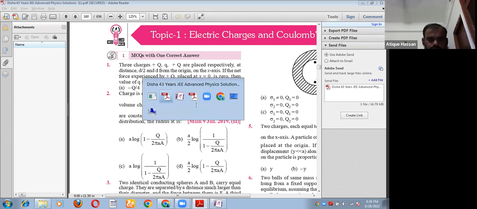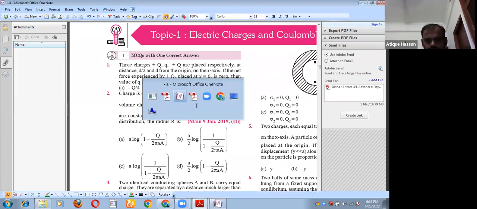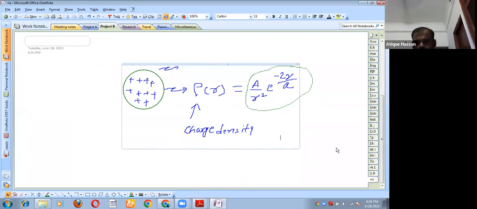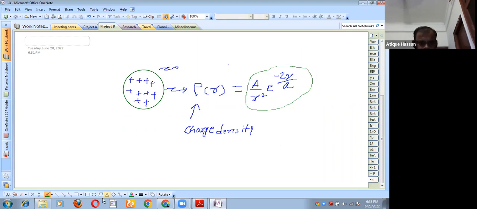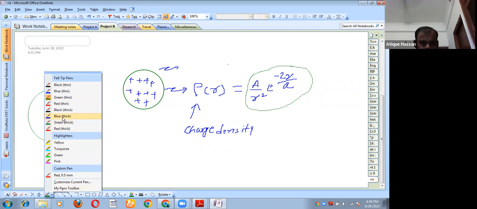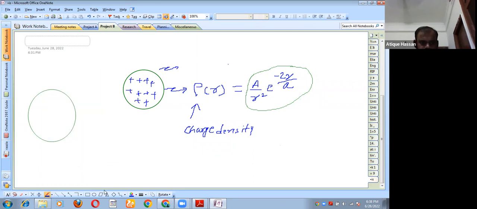Now to find the total charge, I will draw a bigger diagram.